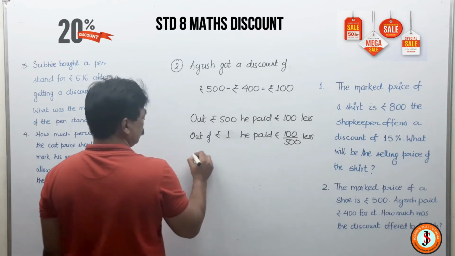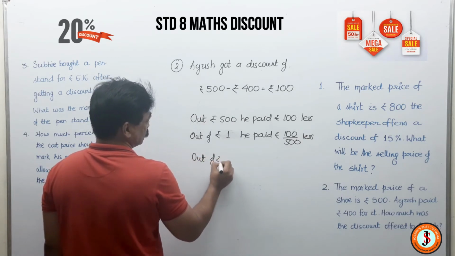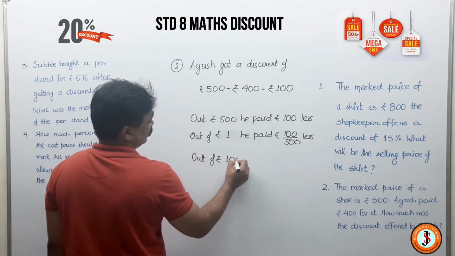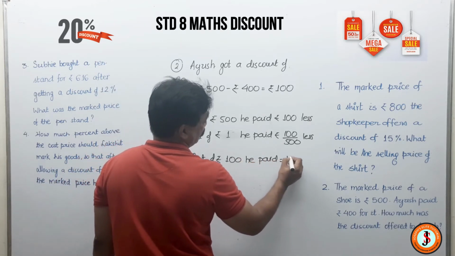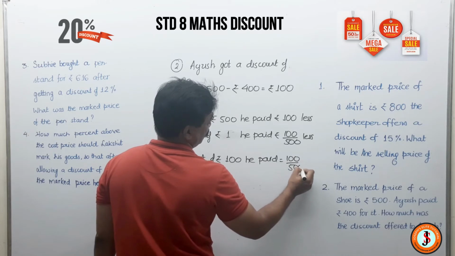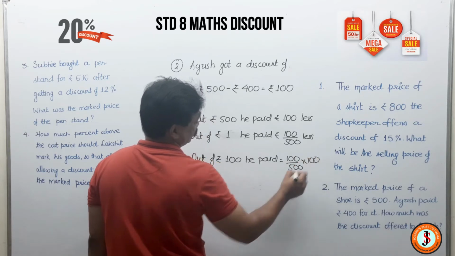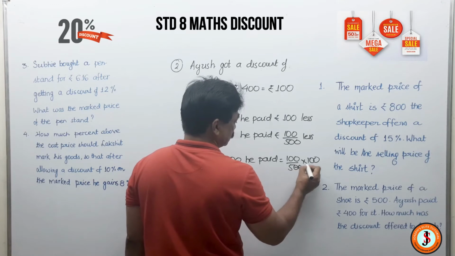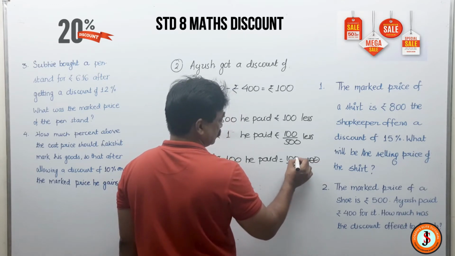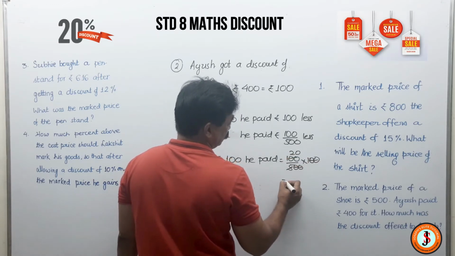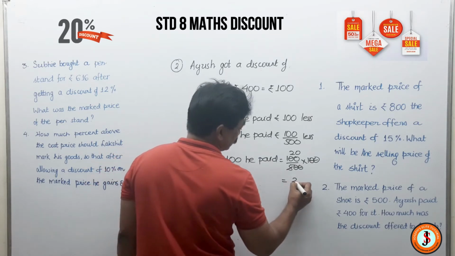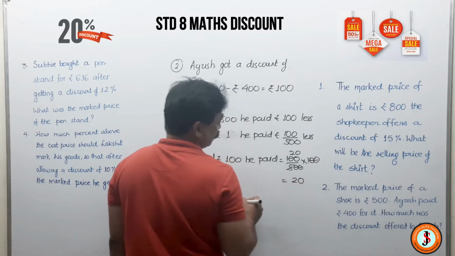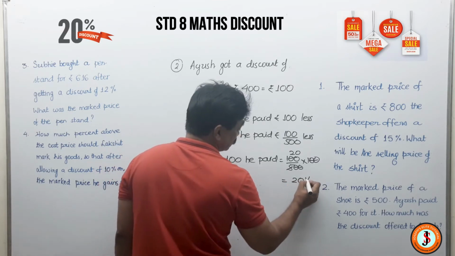So out of rupees 100, he paid how much less? 100 by 500 into 100. So how much is this? He paid 20 less. That means he got a discount of 20%.